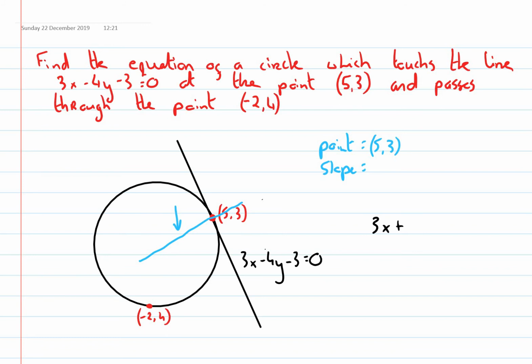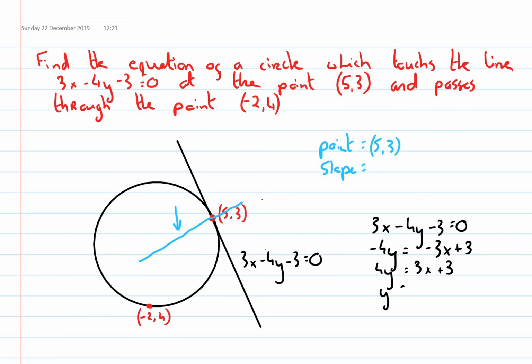So 3x minus 4y minus 3 equals 0. Reconfigure this then. Sorry, actually that's a minus 4y, so change the signs the whole way across: 4y equals 3x minus 3.